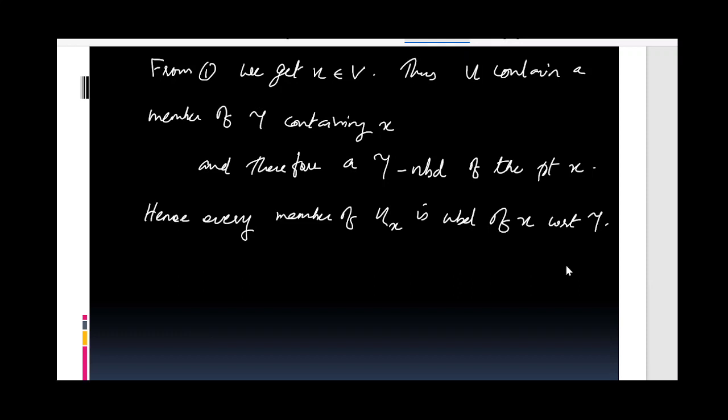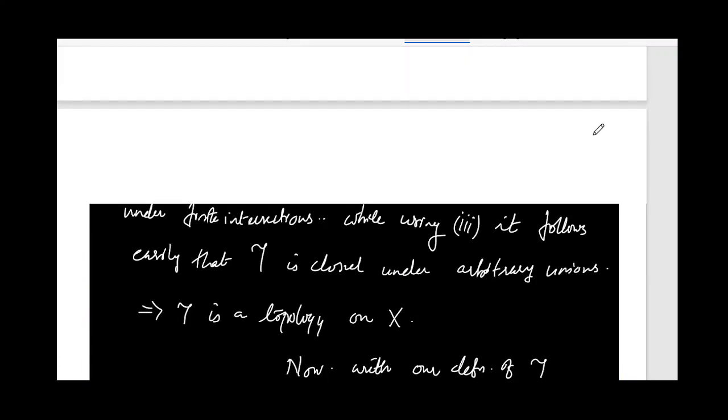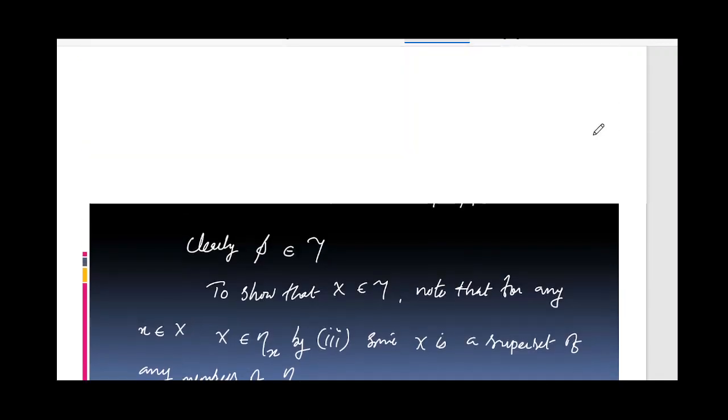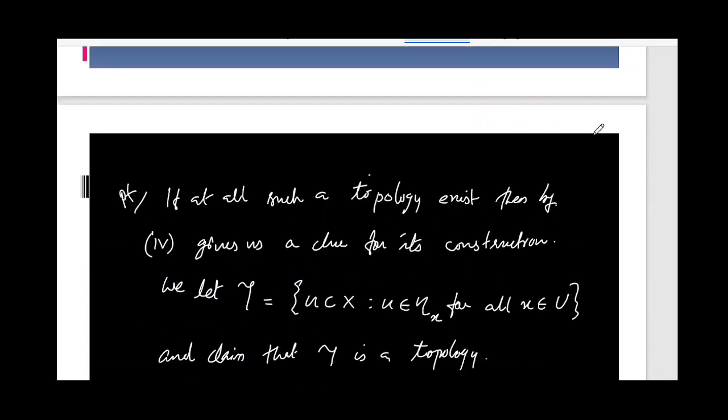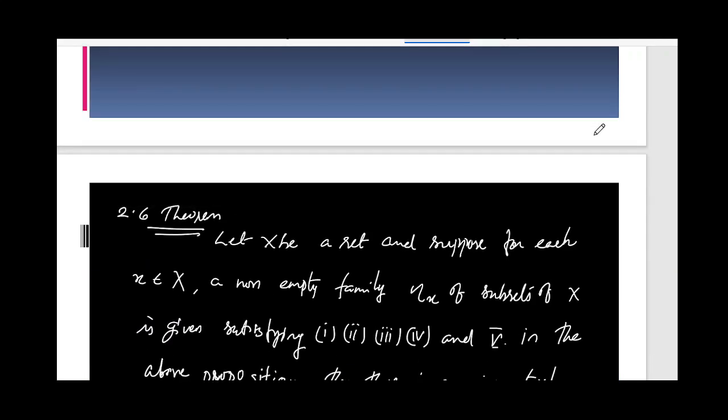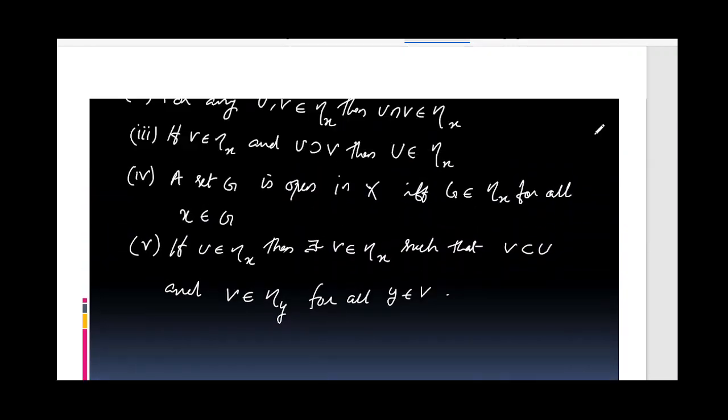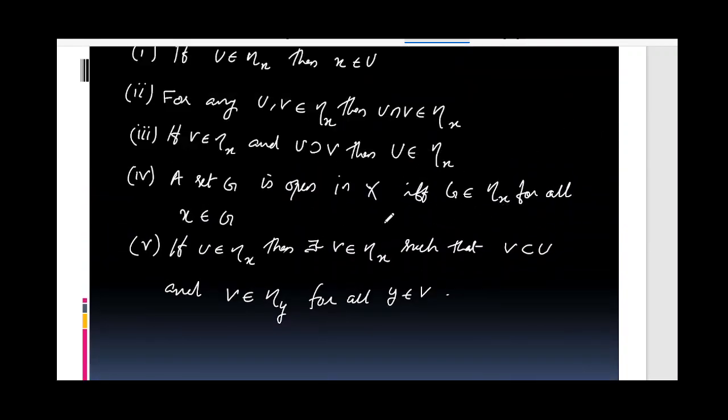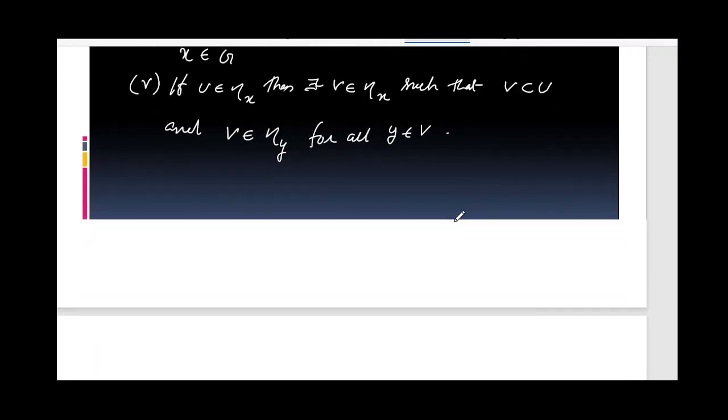So what are the steps we have come across proving this? See, first of all, from the property 4: a set G is open if and only if G belongs to Nx for all x belongs to G. From this, we have a clue for constructing the topology.